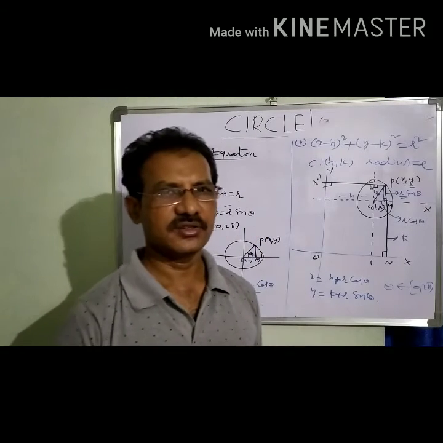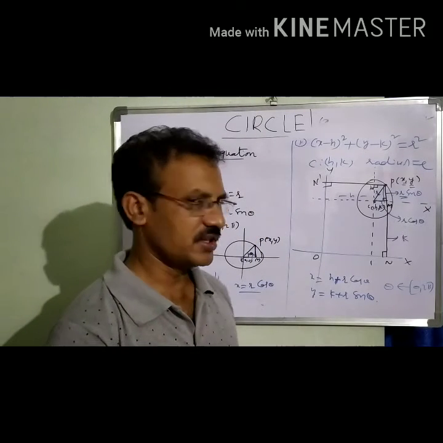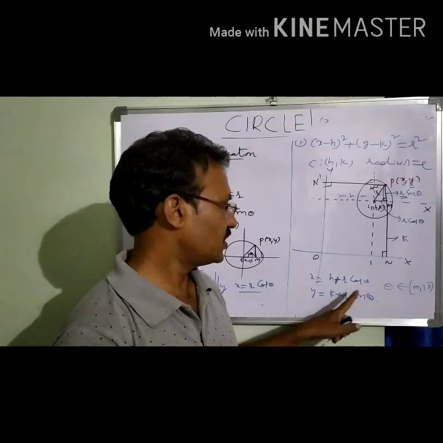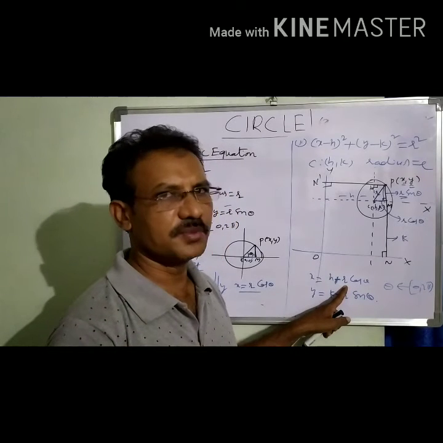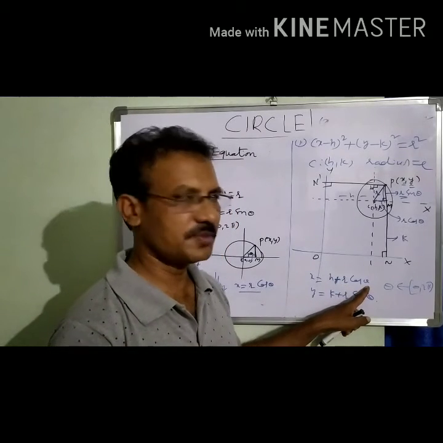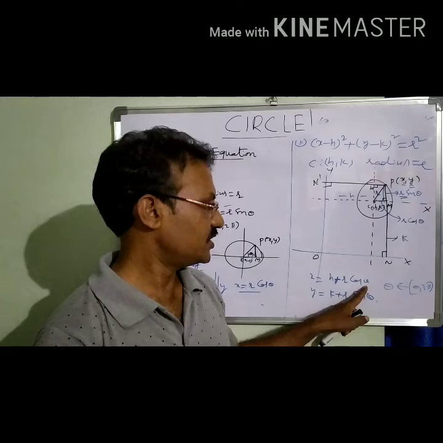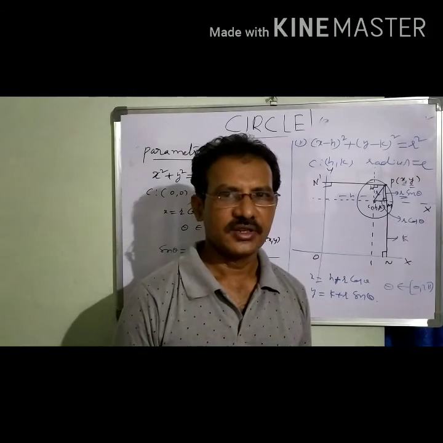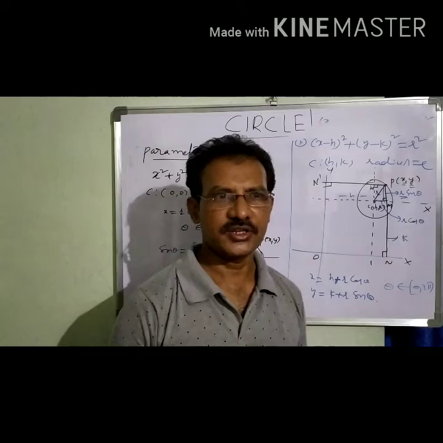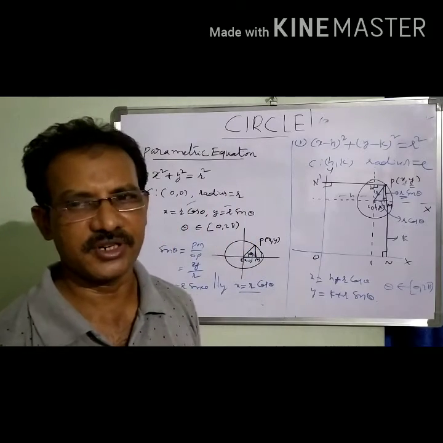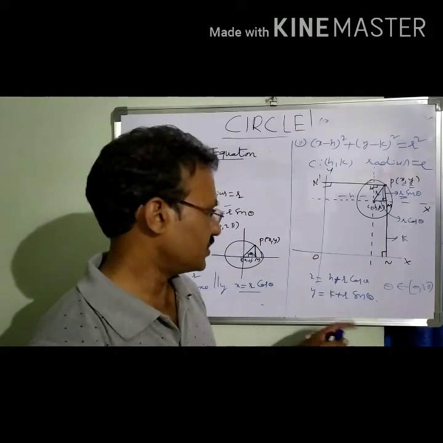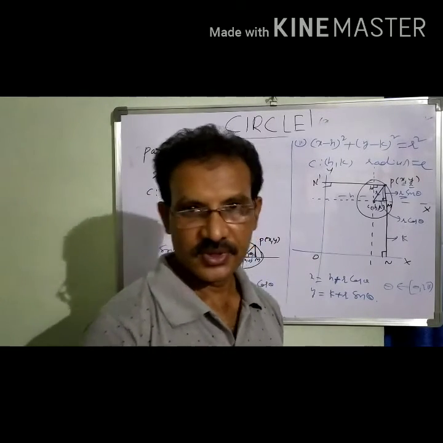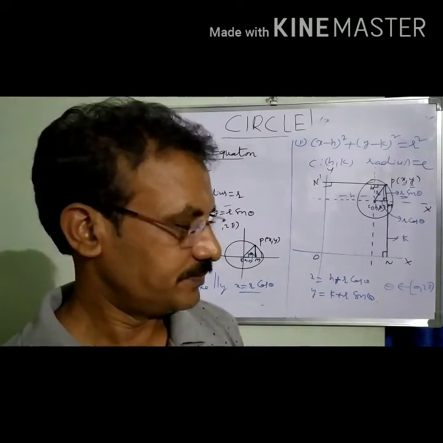We have to mention which is the parameter, whether theta is the parameter or r is the parameter. If theta is the parameter, then it is the equation of a circle. If r is the parameter, then it is a line equation.